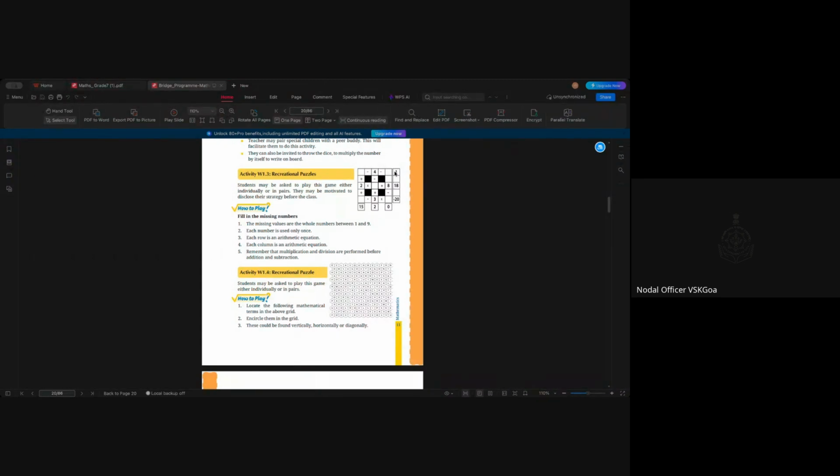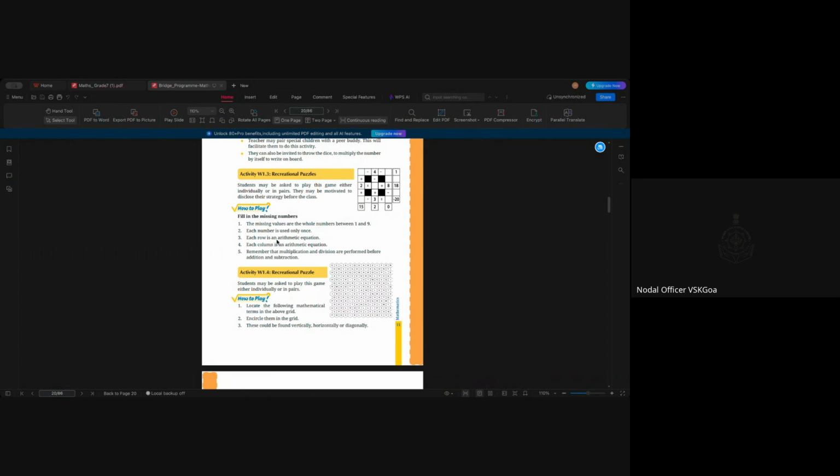Sum of the row is this and sum of the column is this. Similarly you see 3 column sums, and you could see 3 row sums. Let us go to the next. Each number is used only once. This is another criterion. Whichever number you are filling in over here, you are not supposed to fill in the same number again. Okay, let us go ahead.